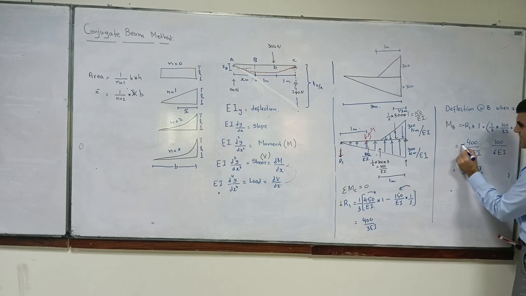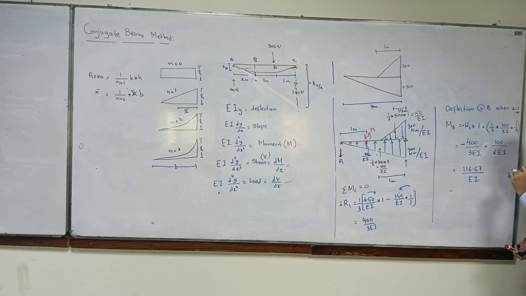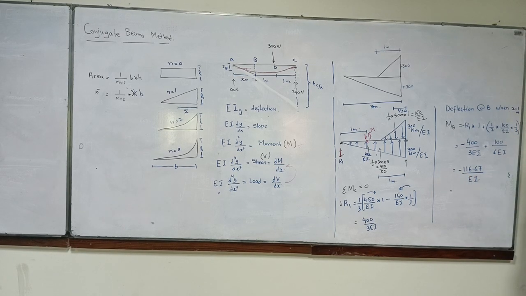Okay, so this is minus, this one is plus, and this is negative 116.67. Okay, now what does this negative 116.67 mean?